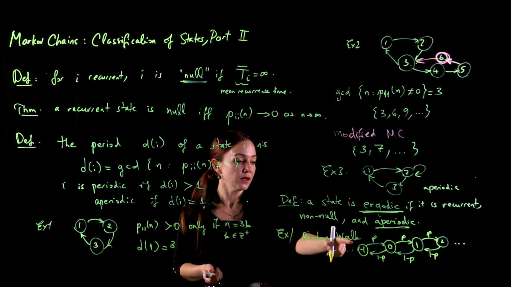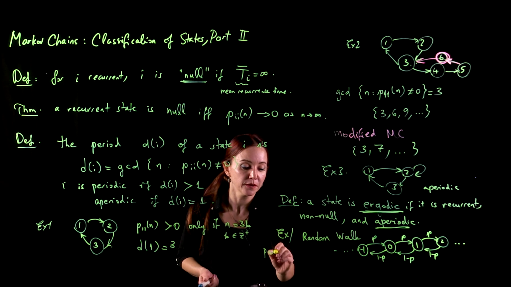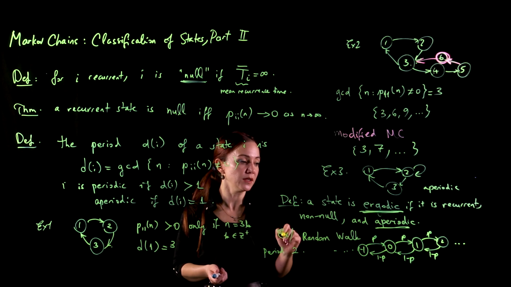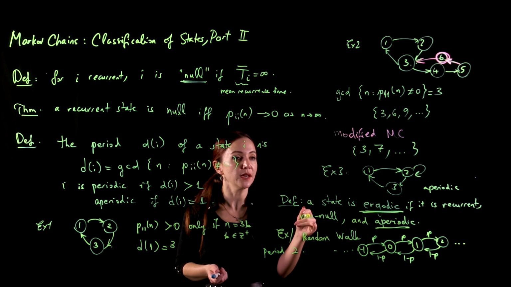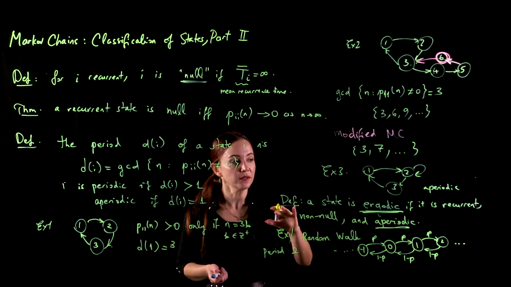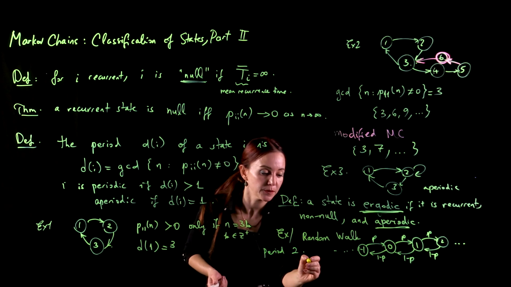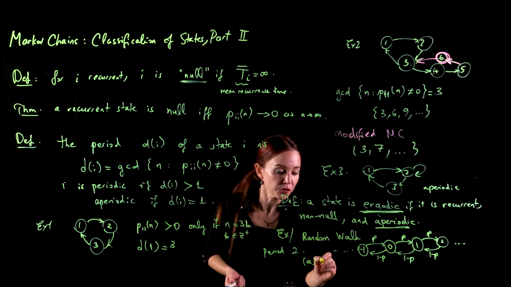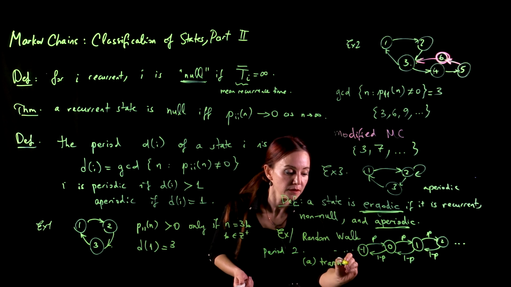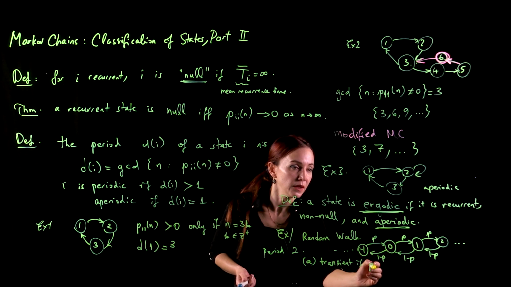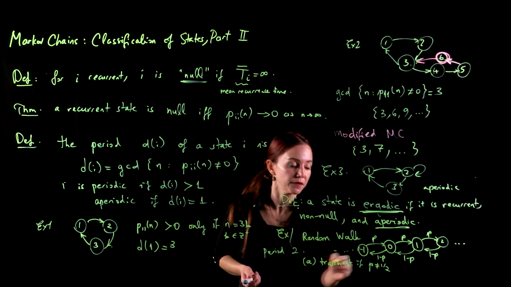Clearly, this Markov chain is periodic with period 2. Okay, so states in this Markov chain are not going to be ergodic. Are the states transient or recurrent? There are two possibilities. The states are all transient if p is not equal to 1/2.